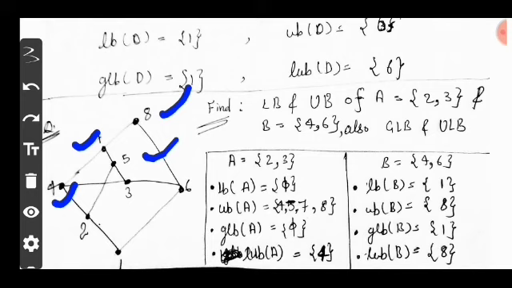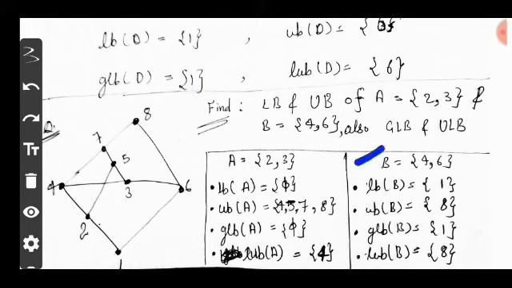So this is the upper bound. The GLB of A does not exist because there is no lower bound, and the least upper bound of A is 4.